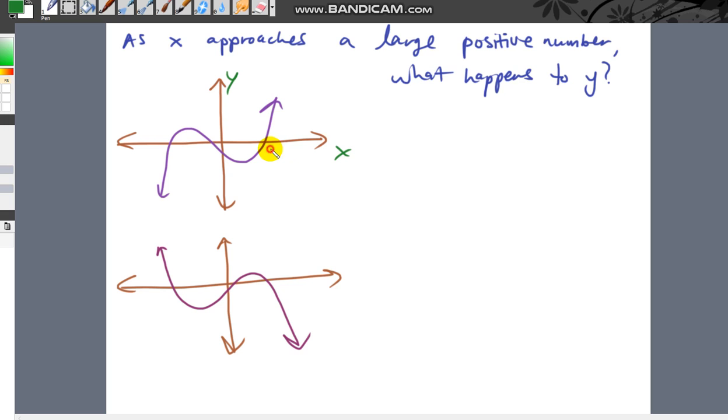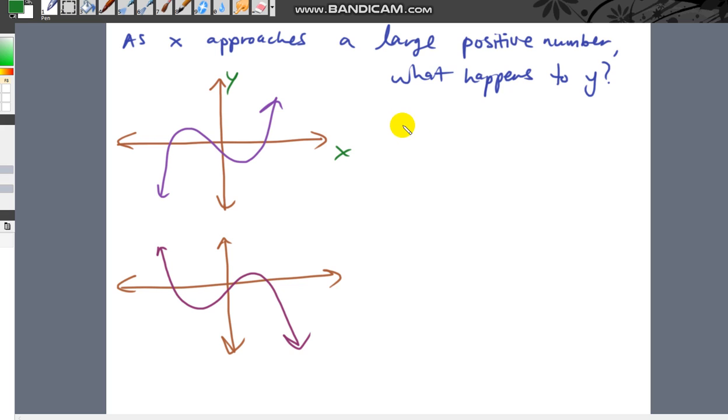So as x gets really large, so as we're going this way, what's happening to the y value? As you can see here, just based off this little description that I showed you, y is getting really large, right?